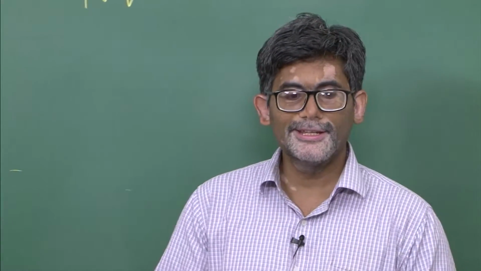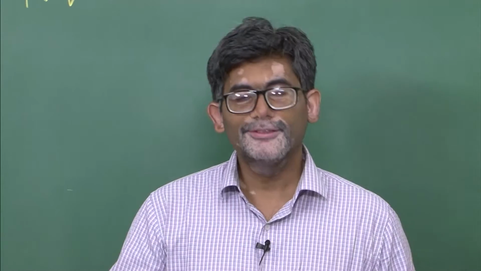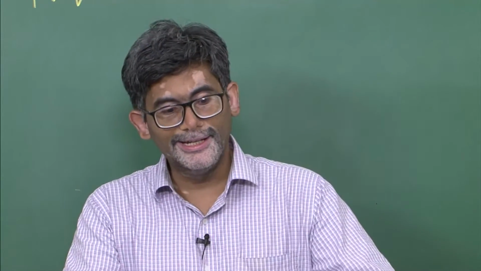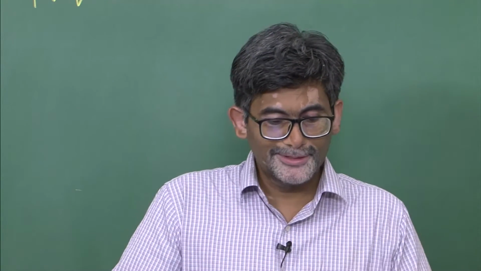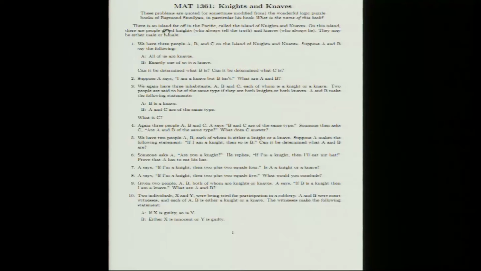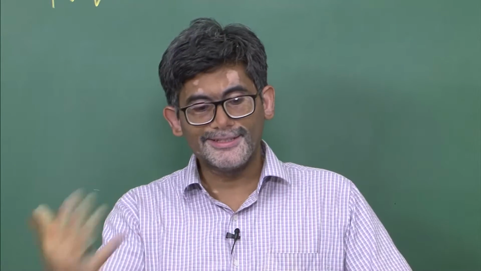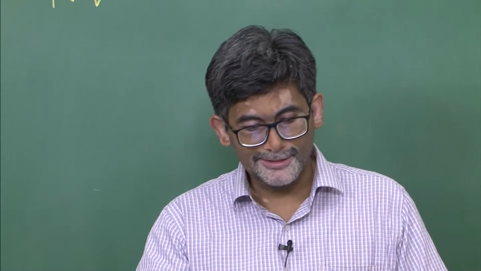So now let us consider some problems. Now you went to such a kind of island. These are some of the set of problems that you are seeing here. So let us consider the second problem. Suppose A says I am a knave and B isn't. So you came across A and B. Now A is saying this thing: I am a knave but B isn't.